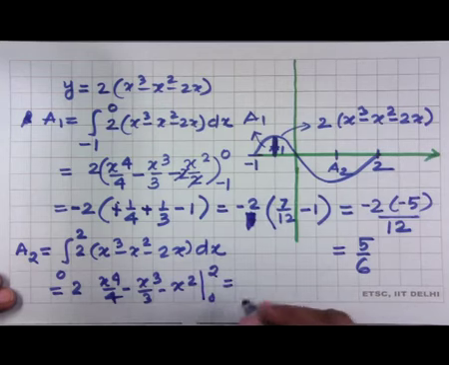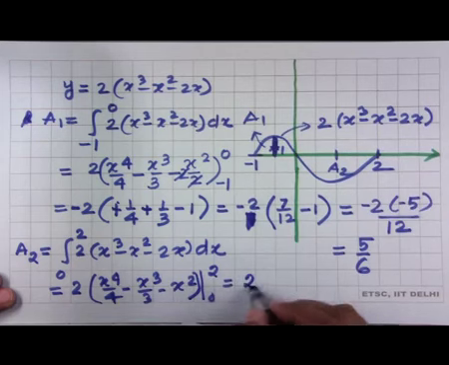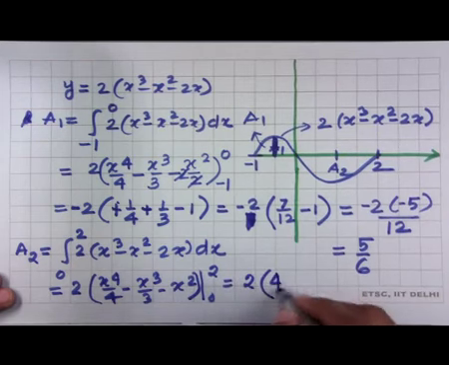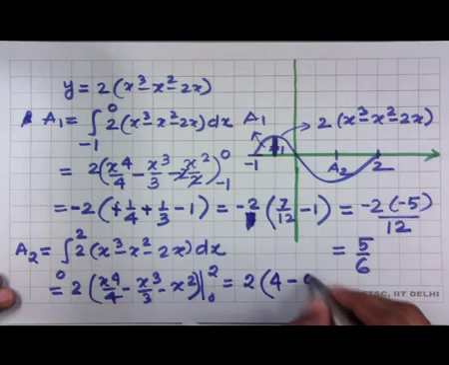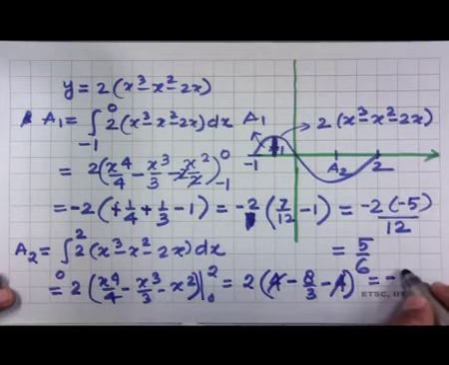At 0 it will be 0. So, value that we will get is 2, 16 by 4 is 4 minus 8 by 3 minus 4. So, we get minus 16 by 3.